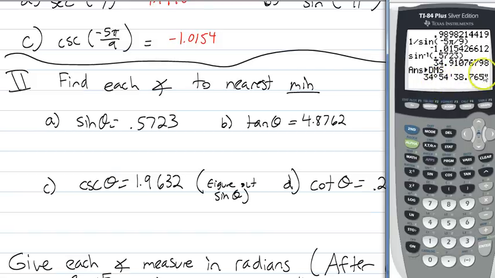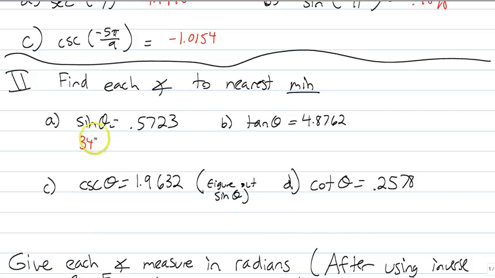Seconds are in units of 60, so 38 is bigger than half of 60. So the 38 rounds up to the next minute, because 38 seconds is closer to 55 than 54. So the correct answer with rounding is 34 degrees and 55 minutes.